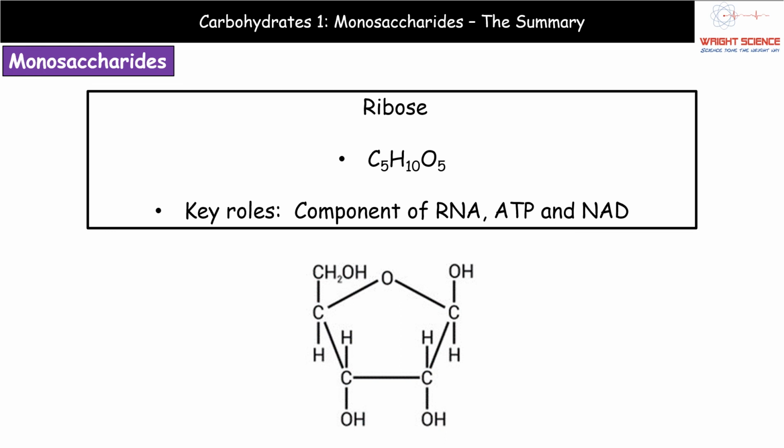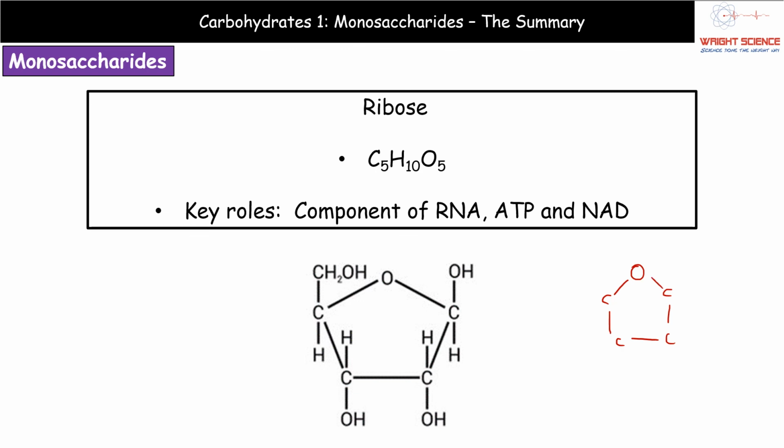You could be asked to draw the structure of ribose, and as far as I can recall, the only question that has asked this has been focused on where the carbons are, not the hydroxyl and the hydrogen groups. So the rules for drawing a pentose: we start with the oxygen at the top. We're then going to draw our ring, which has got 1, 2, 3, 4 carbons in it.